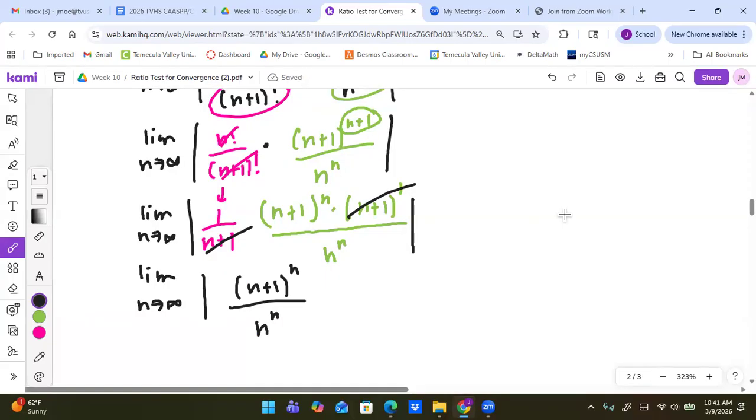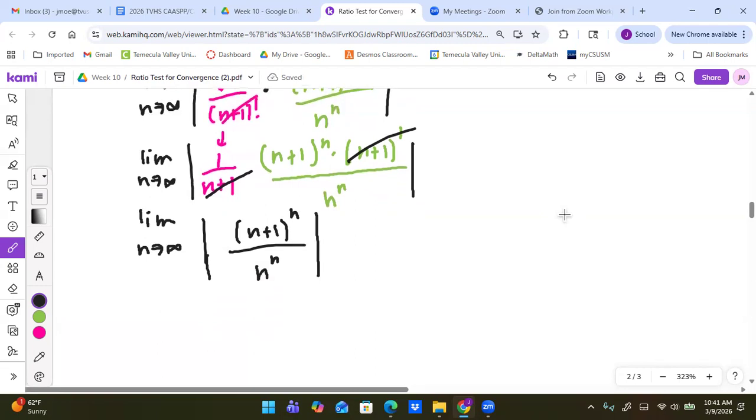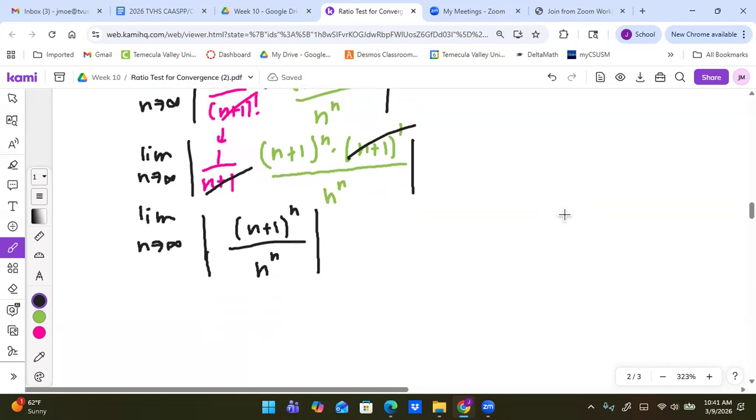Can you do the limit of this? Yeah. Wait. Can you come whisper it to me? Here, what if I write this a little bit differently? Maybe you can figure out what the limit is. Do you know how to whisper? Not really.